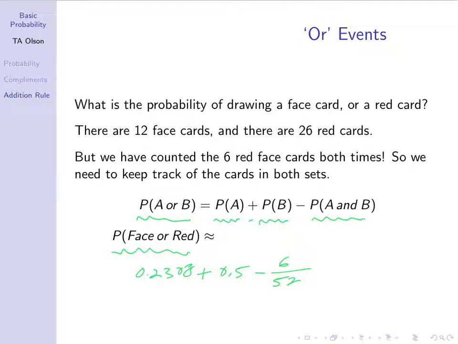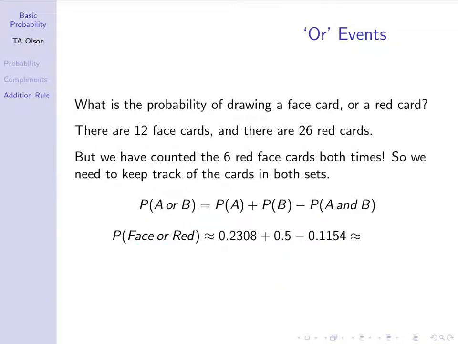So if we put all those calculations together, we get 0.2308 plus 0.5, and we've counted this 0.1154 twice in both sets. So we have to subtract off one of those, so we only have one left. So the probability that we'll draw a face card or a red card is 0.6154.